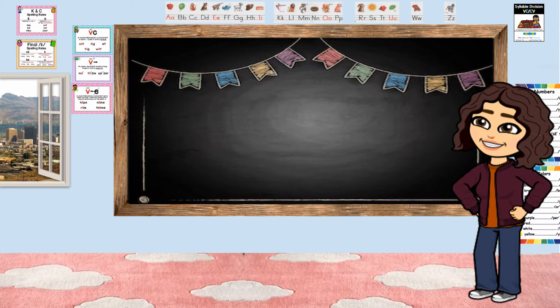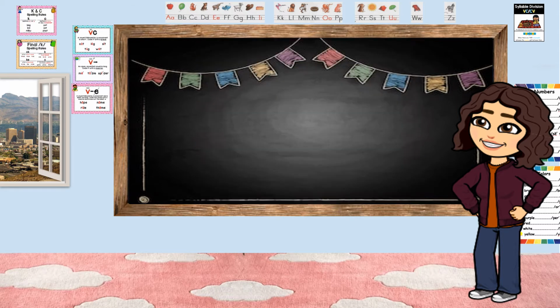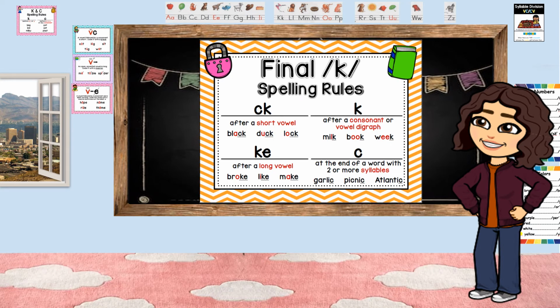We've learned several rules for the spelling of the k sound, such as the K and C spelling rules. K before E, I, or Y, and C before A, O, U, or any consonant. We have also learned about the final K spelling rules.